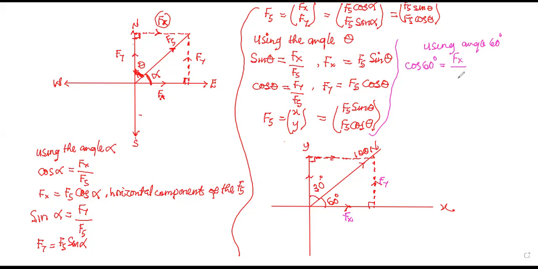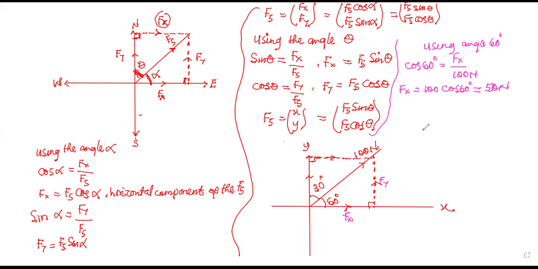The hypotenuse is the force, 100 Newton. Therefore, Fx is equal to 100 times cos of 60 degrees. Now cos 60 is half. Therefore, Fx is equal to 50 Newton. That is the value of the horizontal component using the angle 60.